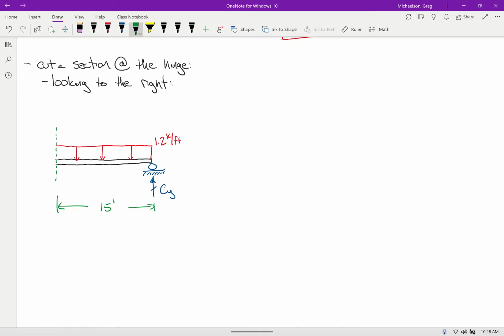Okay. And then I can collapse that into a single point load of 18 kips. From where I cut the section, that is the distance of? 7. Okay.